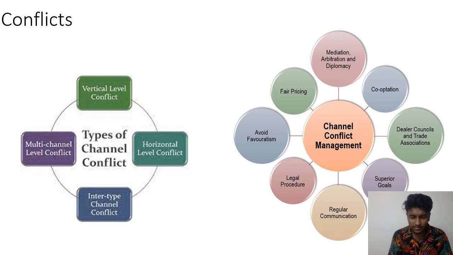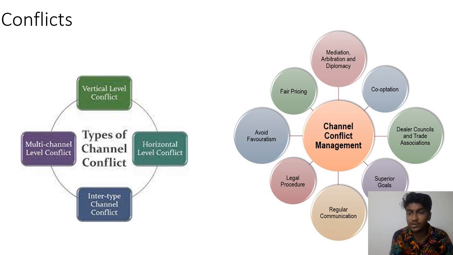This is a major difference that you need to know between horizontal and vertical. Horizontal conflict occurs between two partners at the same level. For example, a conflict between a retailer and a retailer is horizontal, while a conflict between a retailer and a wholesaler, which are different intermediaries, is vertical.